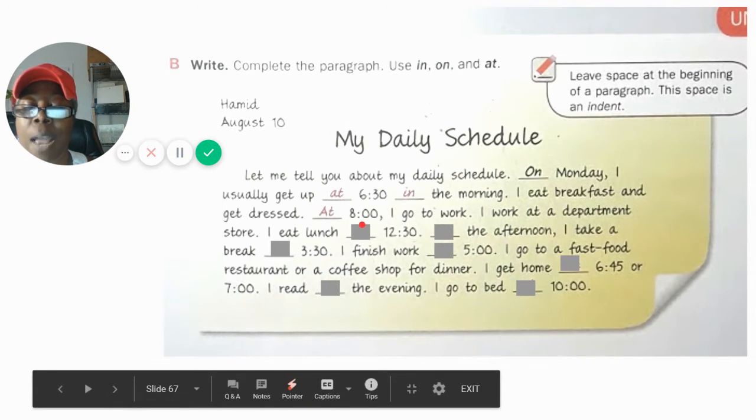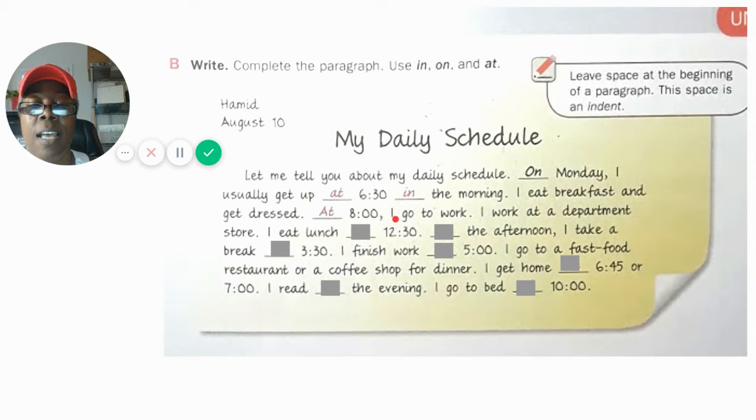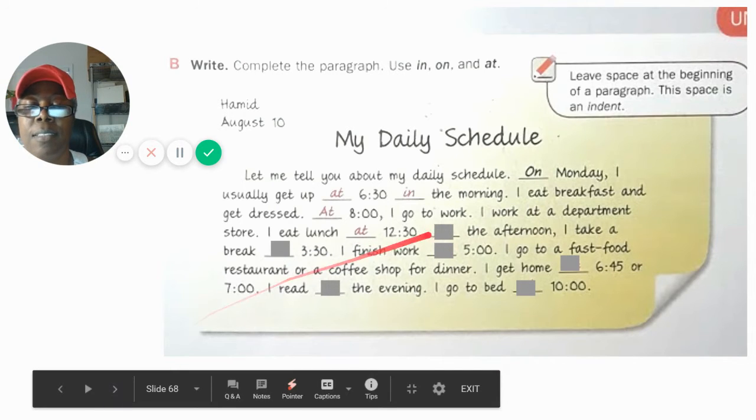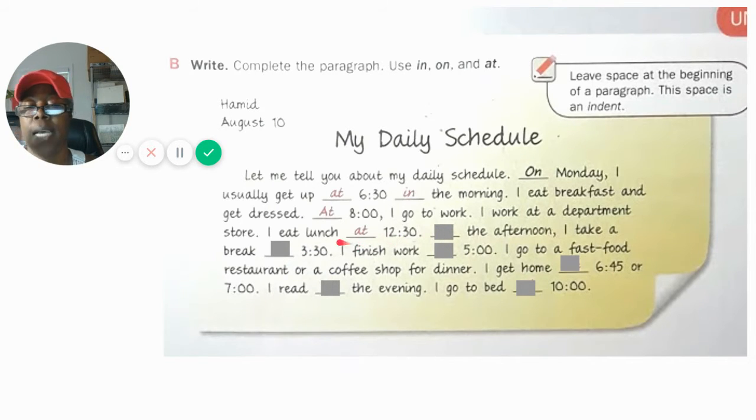At 8 o'clock, I go to work. I work at a department store. I eat lunch, specific time, at 12:30. I eat lunch at 12:30.